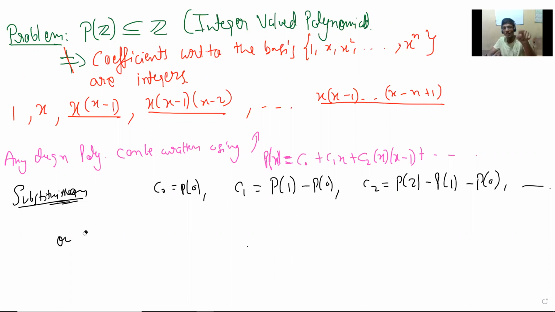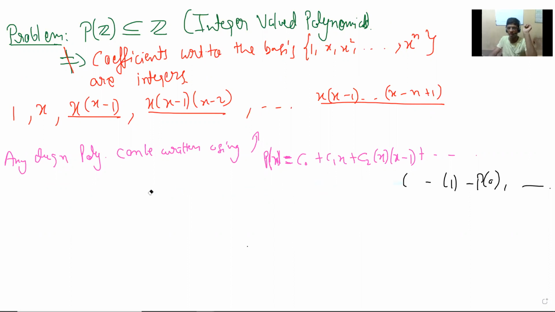we are going to write these integer valued polynomials. What happens when you write integer valued polynomials using these coordinates? I'll just adjust that, I'll bring the factorials back.